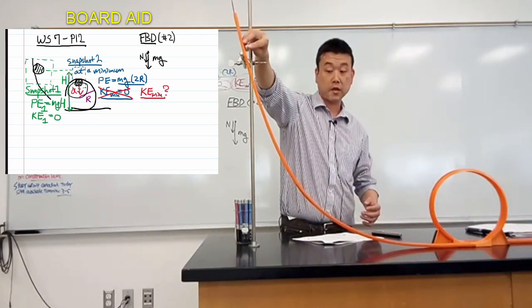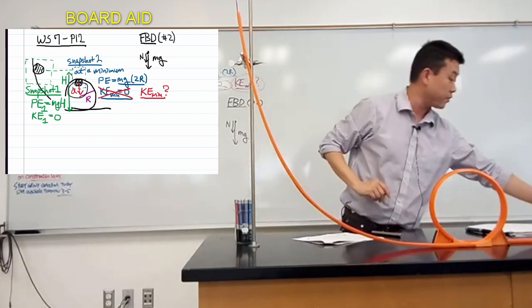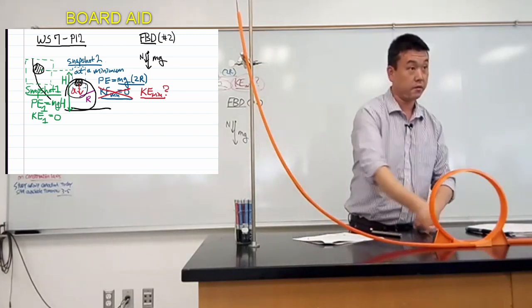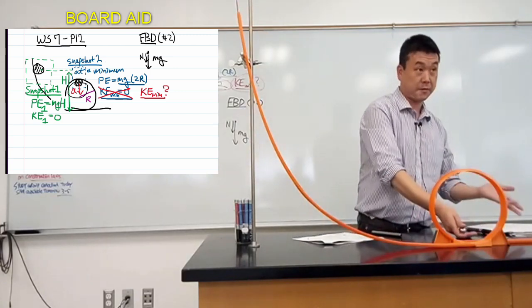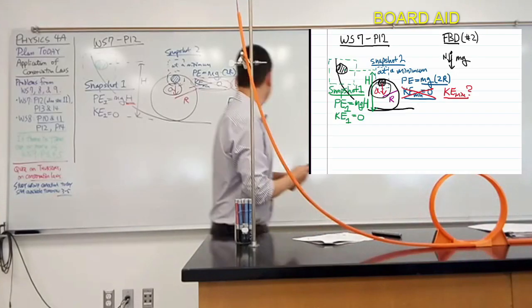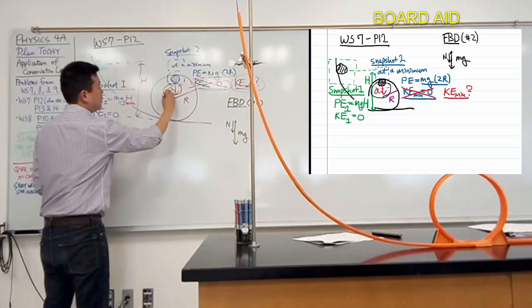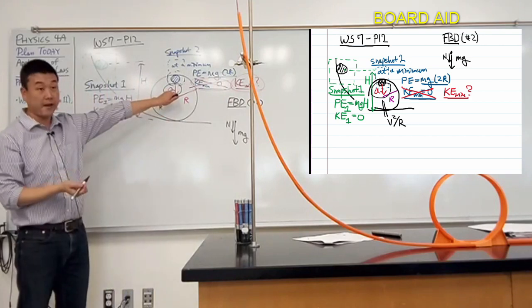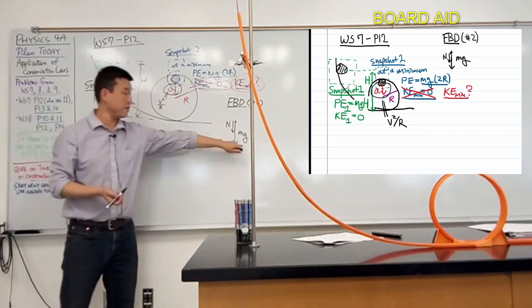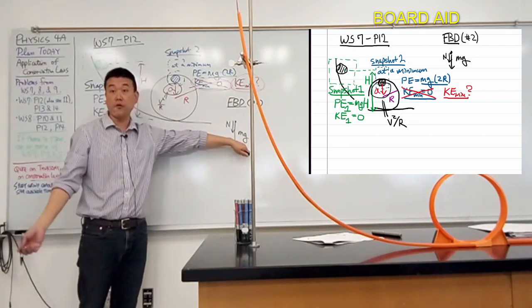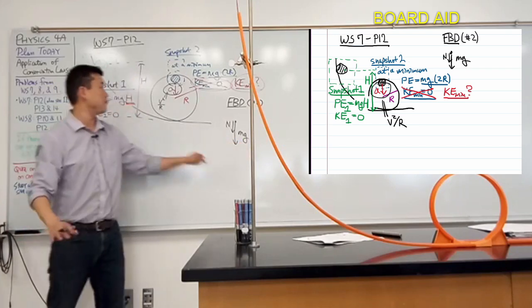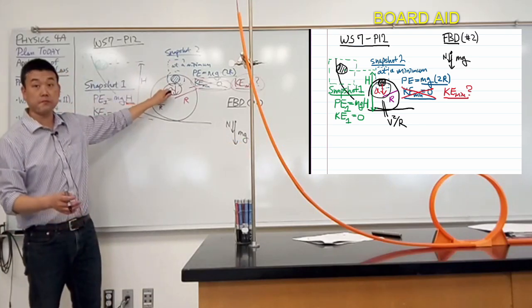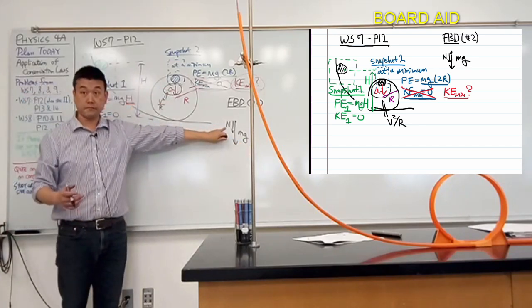Because in both of those cases, this is still undergoing the same circular motion at a different speed, which means this centripetal acceleration, v squared over r, will be a different value. Gravity doesn't change. You need to have a force that you can change to give the correct centripetal acceleration. That's going to be the normal force.